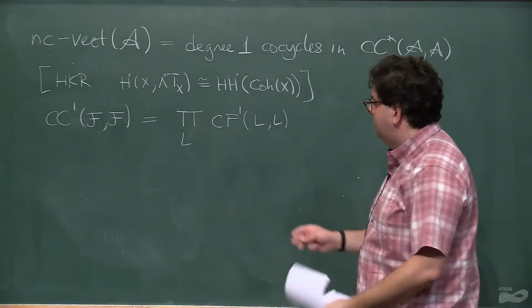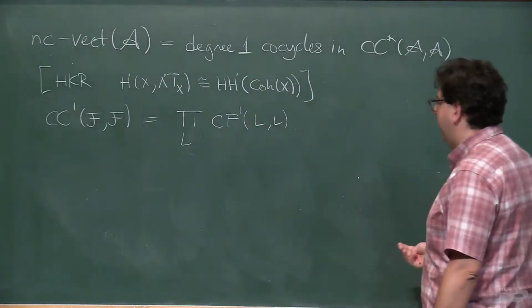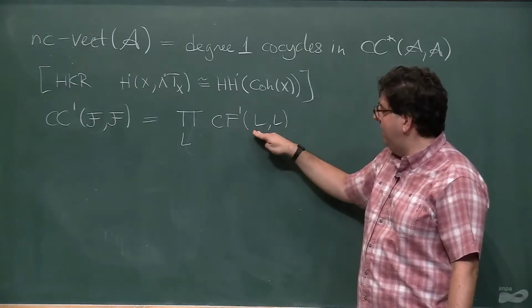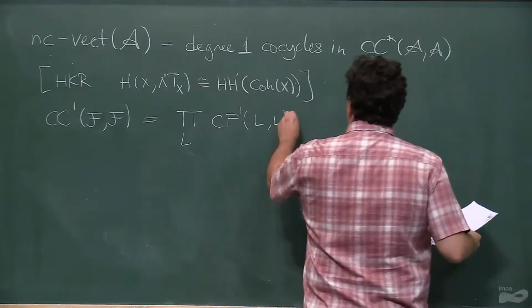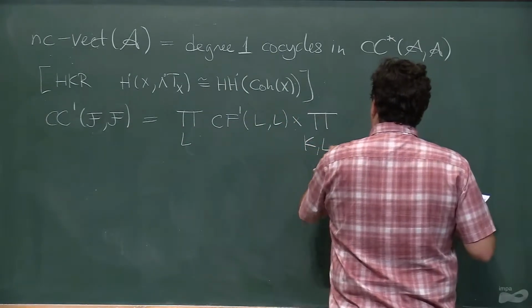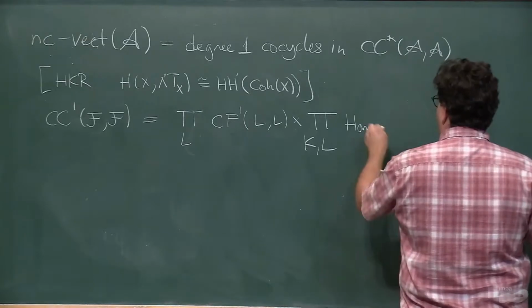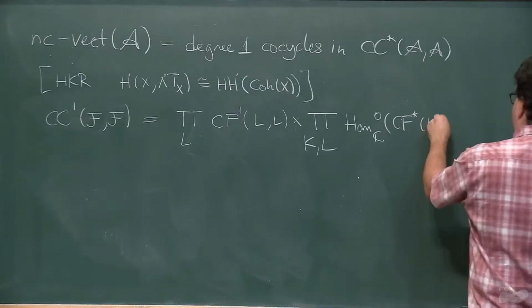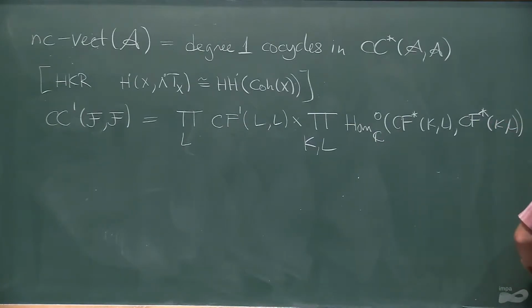Okay, so this is the thing where you take chains of morphisms. One part is this: for every object I take the degree 1 endomorphism of that object. Then for every pair of objects K and L, I take HOM over my ground field, which I'm taking to be C, to degree 0, from this thing to itself, and then times other stuff.